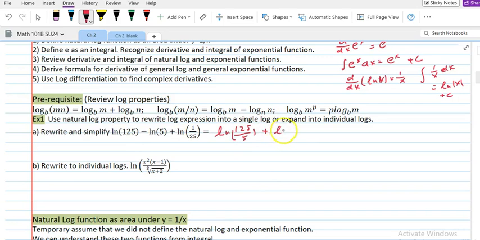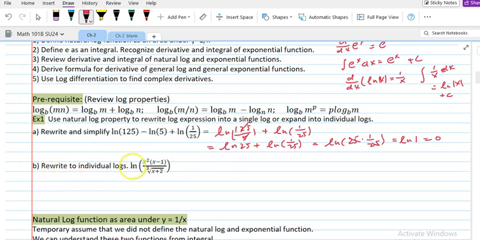Then plus ln 1 over 25. After we combine them, we can write it as ln 25 plus ln 1 over 25. When you add logs, you can combine them as multiplication. 25 times 1 over 25 is equal to 1, so that is ln 1, and ln 1 is 0. So all these add together to actually be 0.